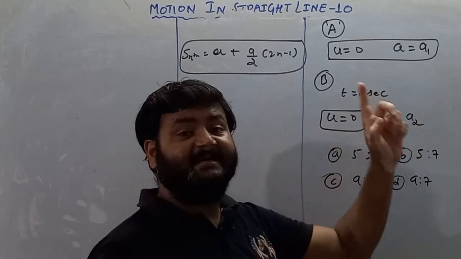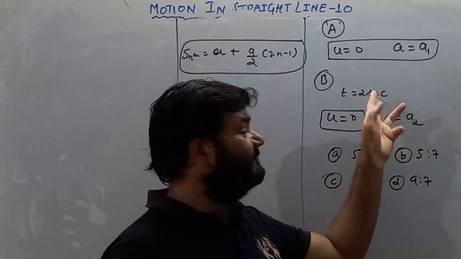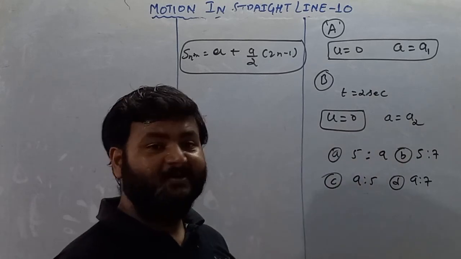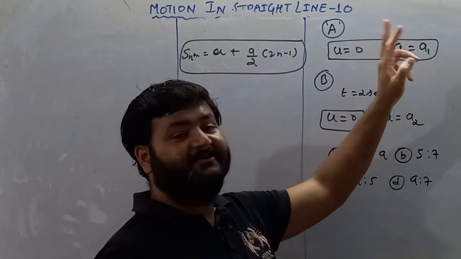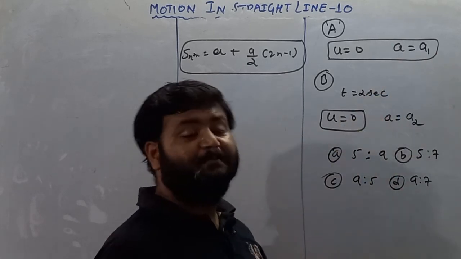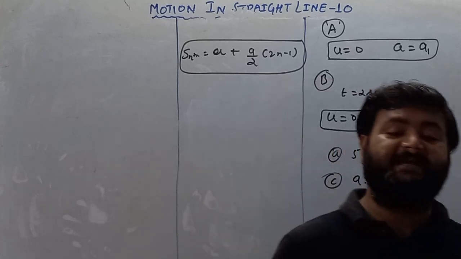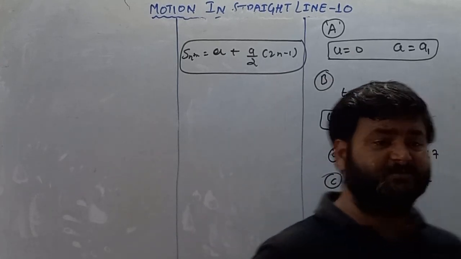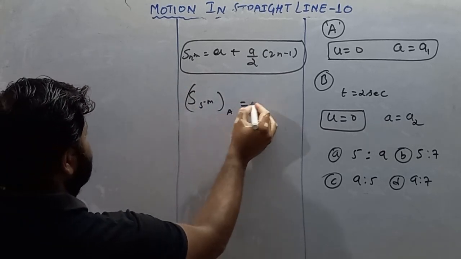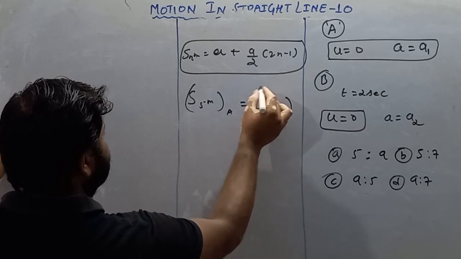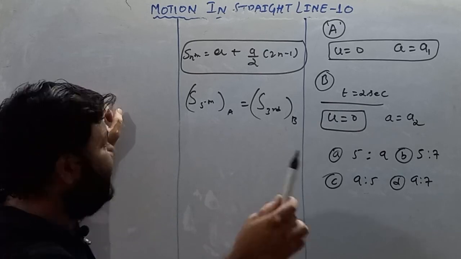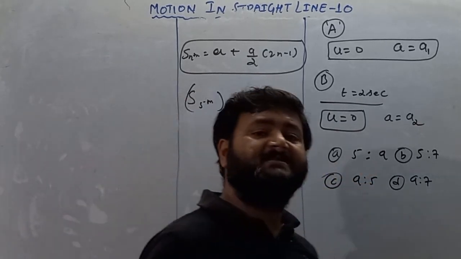Because B starts late, 2 seconds after A, B reaches that point in its 3rd second. So I'll write here, the distance traveled in the 5th second by A must be equal to the distance traveled in the 3rd second by B, because B starts its motion after 2 seconds.